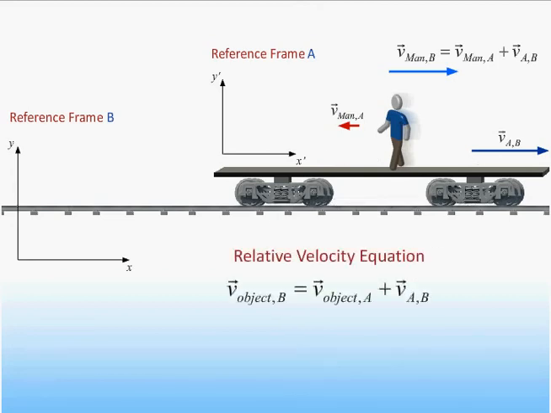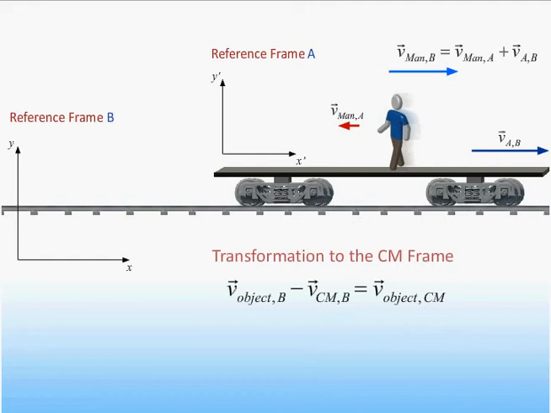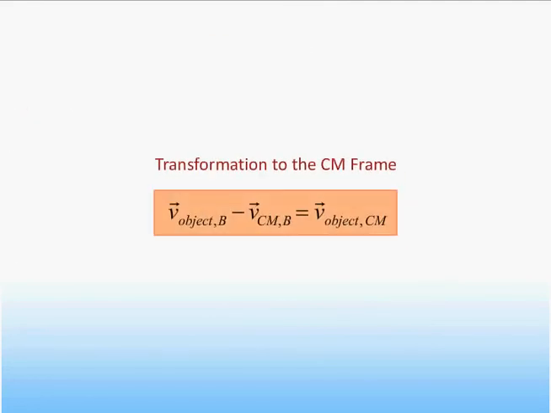Therefore, once we determine the velocity of the center of mass in the given frame, we can always transform the problem to the center of mass frame, if doing so makes the problem easier to solve. We will do such an example on the next slide.